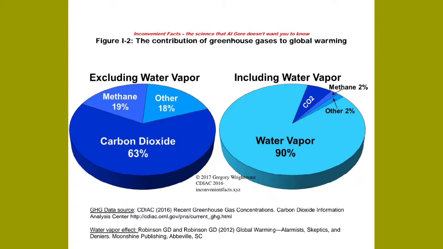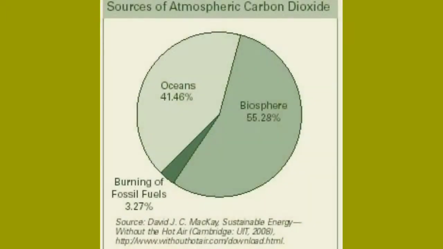So this is important. Here we have the amount of sources of atmospheric carbon dioxide. So we get a lot of carbon dioxide stored in oceans. It gets sucked up by oceans, and then as the climate rises again, as the weather gets hotter, the oceans put out again the CO2.